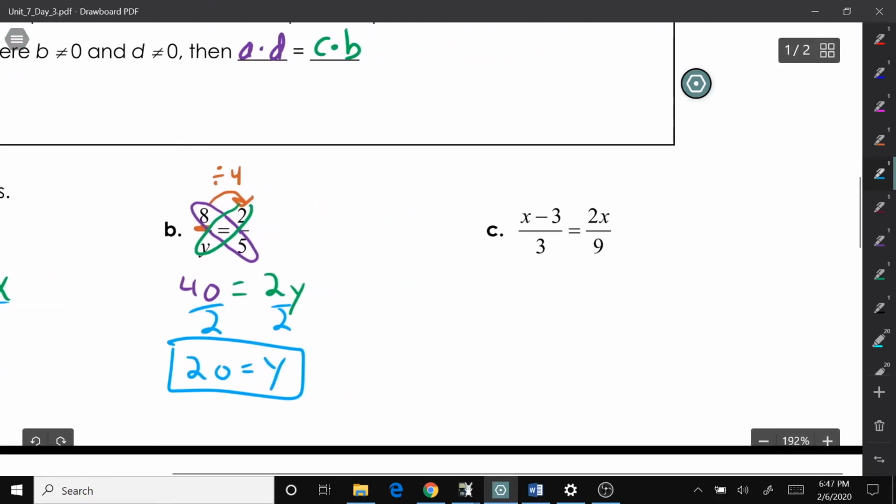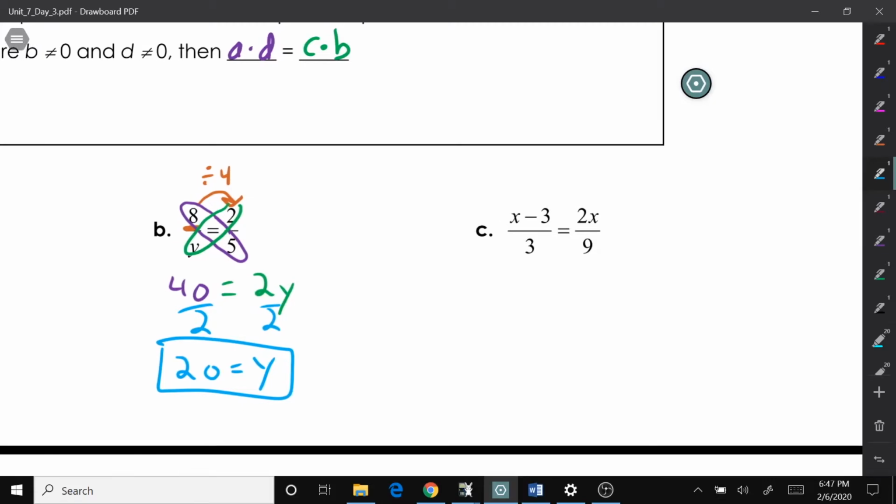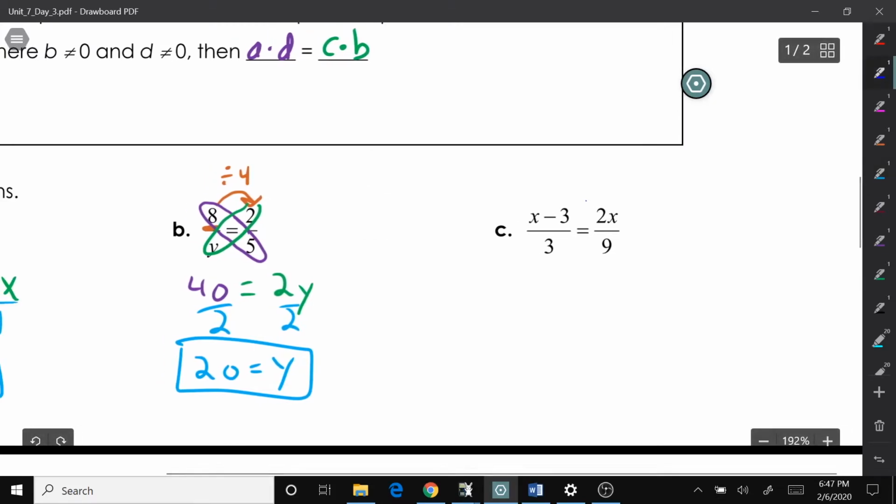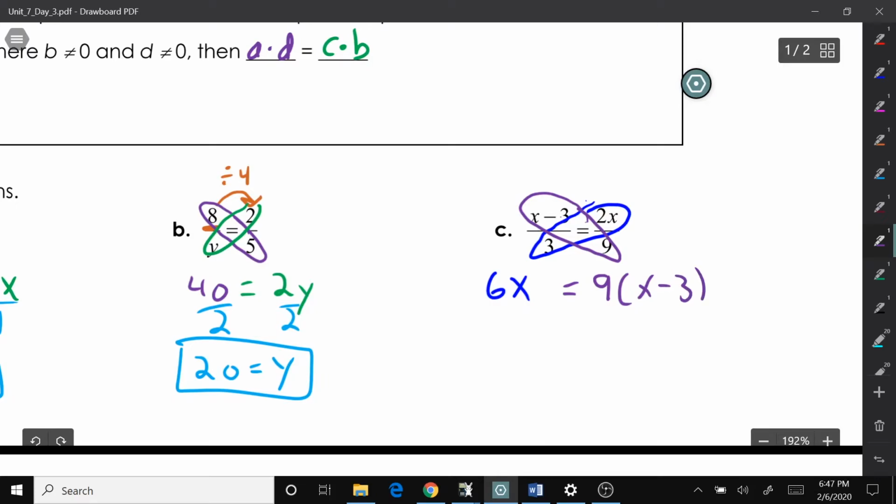Now the last part over here is a little bit tricky because we have some addition or some subtraction to deal with. This one, 3 times 2x is 6x, no problem. However, going across the other way, we've got to multiply x and the negative 3 by 9. So if it helps you, you can always write it like this.